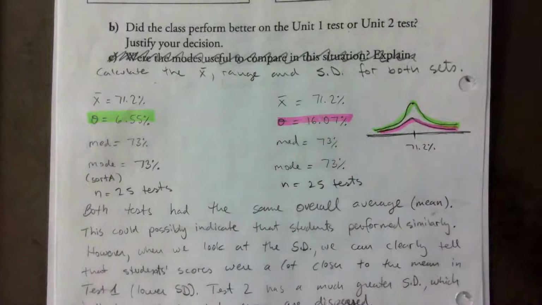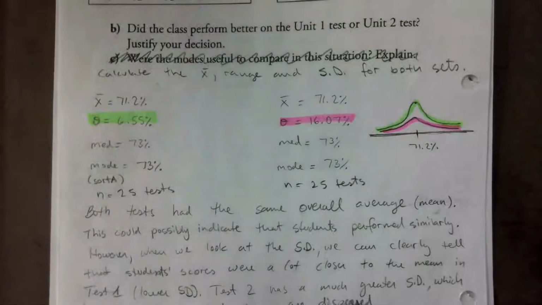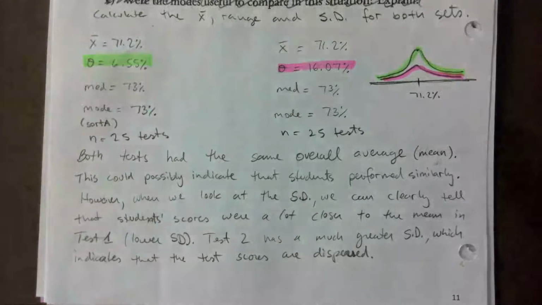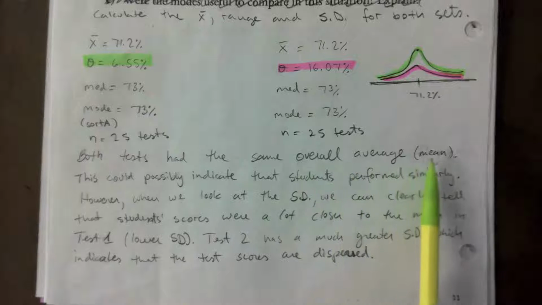I will ask you to do that quite often. Just give me a sketch. What would the curve look like for both? So just so you know, that's what I do. And here's a little bit of a write-up. Try to summarize: both tests have the same overall average mean.